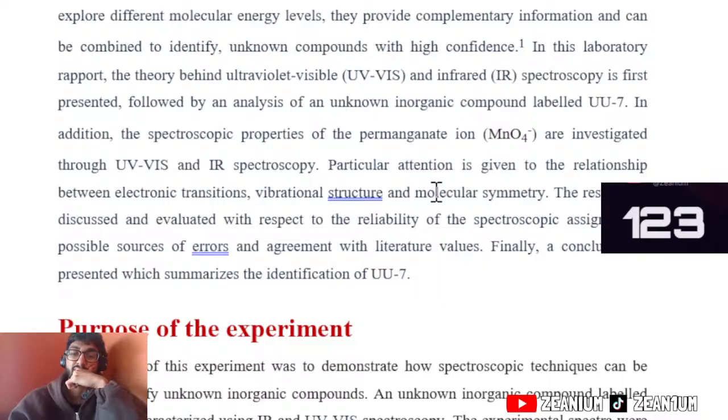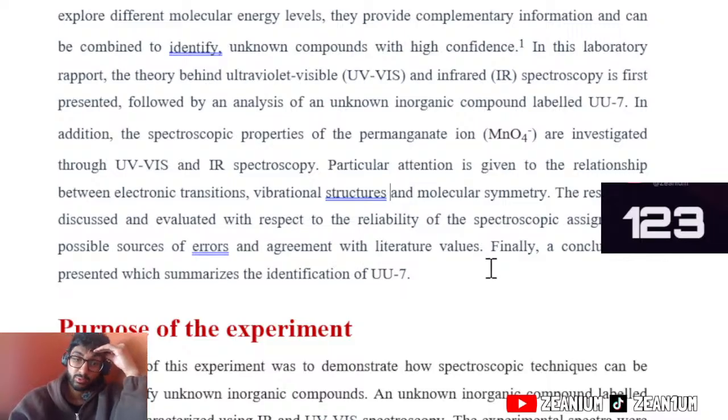Particular attention is given to the relationship between electronic transitions, vibrational structures, and molecular symmetry. The results are discussed and evaluated with respect to the reliability of these spectroscopic assignments, possible sources of errors, and agreement with literature values. Finally, a conclusion is presented which summarizes the identification of U7.